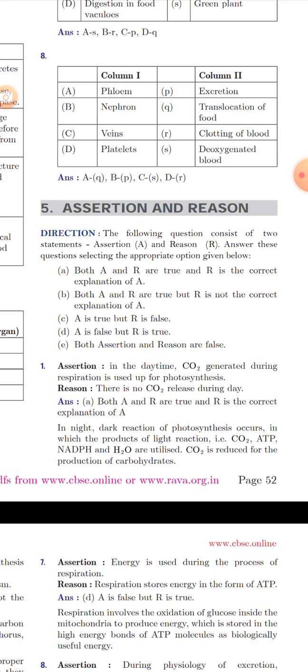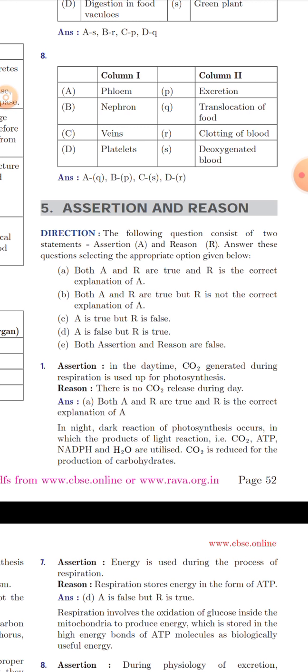And reason is also a statement which can either speak with respect to the assertion statement, or it can be a contradictory statement. Contradictory means opposite statement to assertion statement. It could be a false statement also.